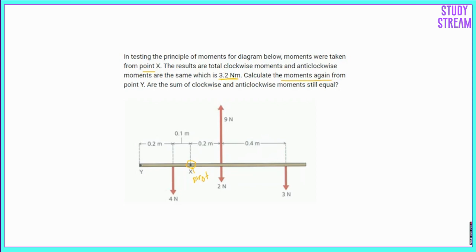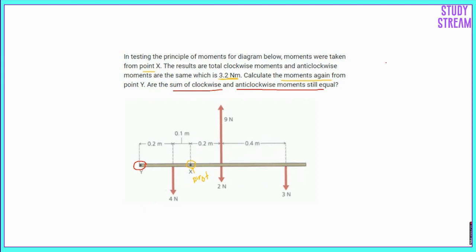And then they want you to repeat the same steps, calculate the moment again from point y, and show if the sum of the clockwise and anti-clockwise moments are still equal. Okay, so who can help with this question? Go ahead, if you raise your hand, just start answering.